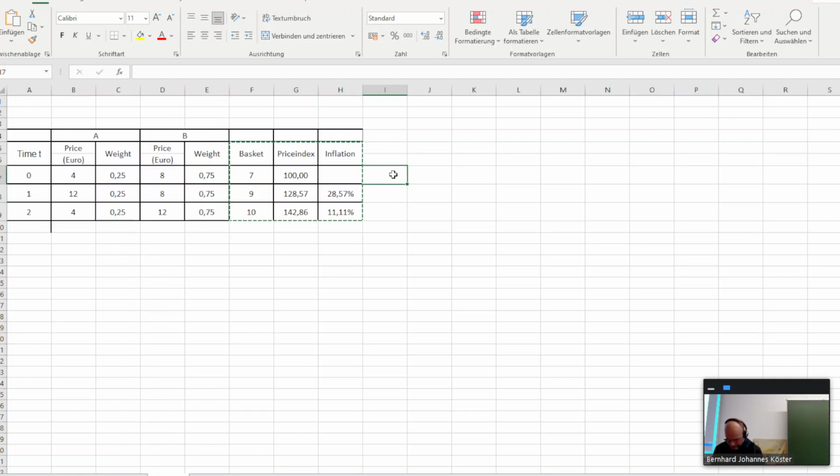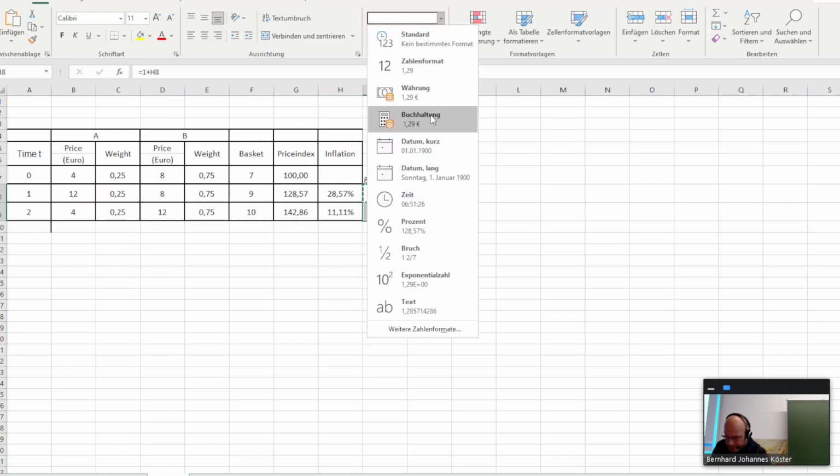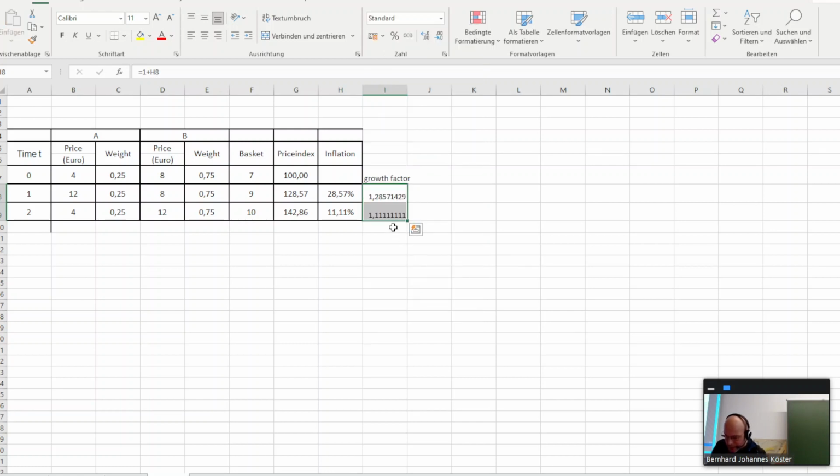Okay, then growth factor, and the growth factor is just 1 plus the growth rate. Is 1 plus this, and let's do not use percentage. Then these are the growth factors. Then we calculate the geometric mean.